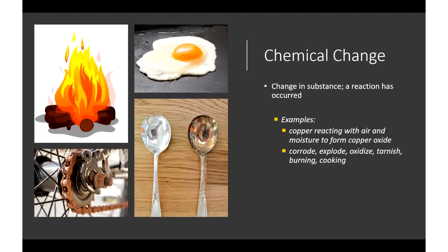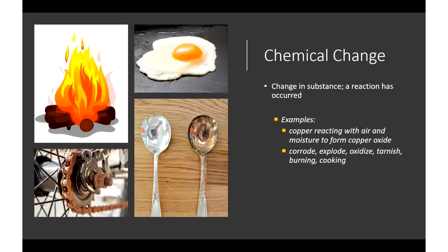Other examples include explosions and burning. Whenever you're dealing with fire, once something lights up, you have ash, you can't get the original substance back, right? If you're burning logs for a campfire, you can't get the original logs back. Tarnishing, it's an example with the spoons. Sometimes our silver will tarnish.